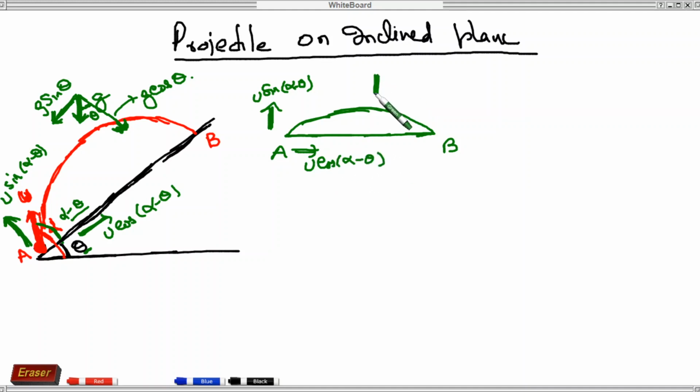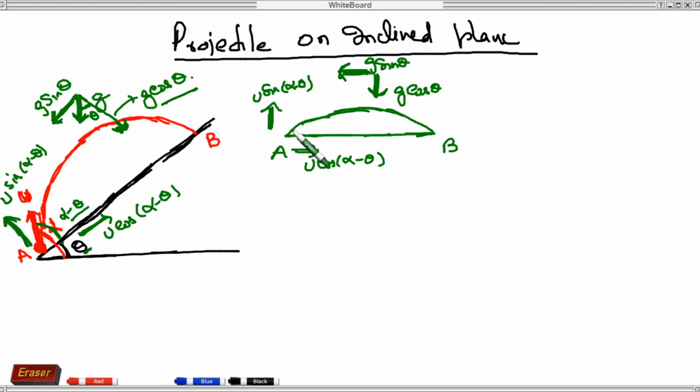In this direction the value of g is g cos theta, and in this direction the value of g is g sin theta.